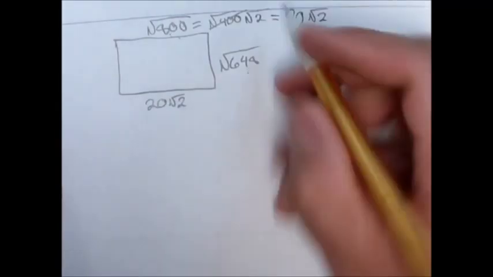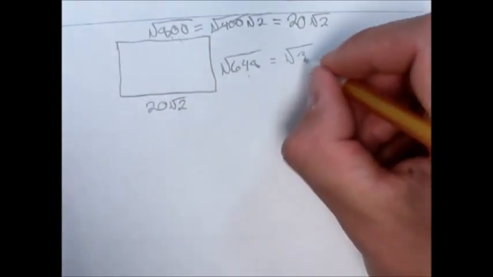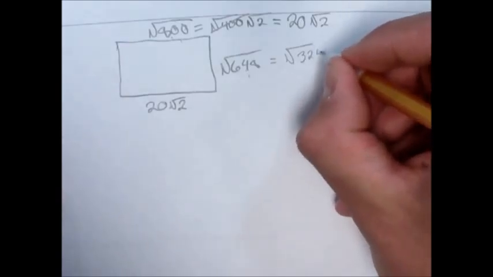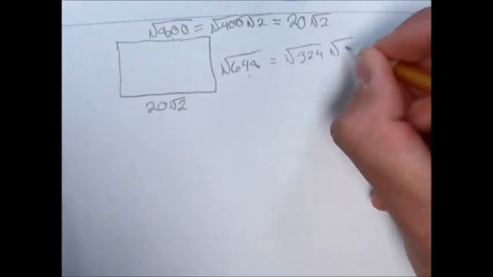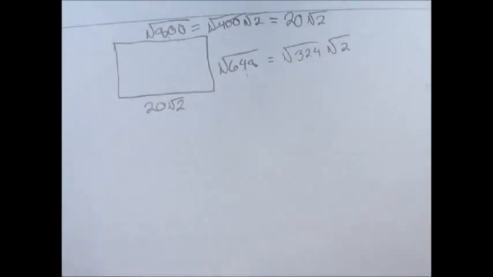So, what is the factor when I divide this by 2? 324 is the answer. So, is 324 a perfect square? Please say yes, otherwise we're not going to be able to do what I want.